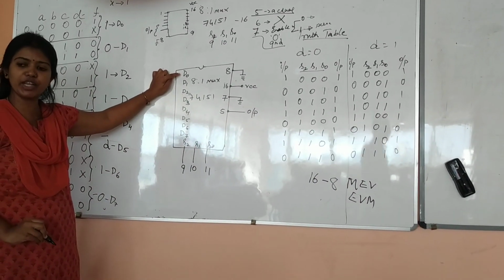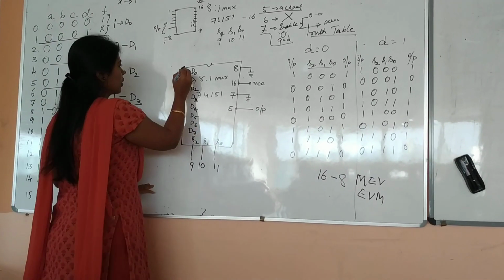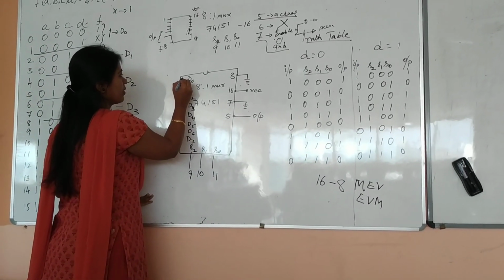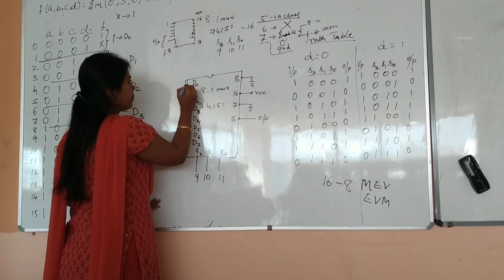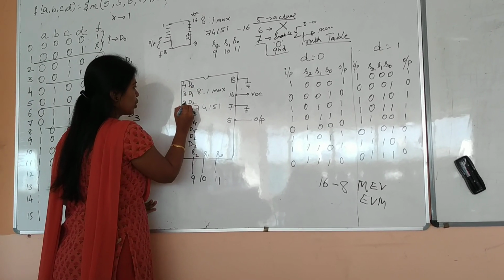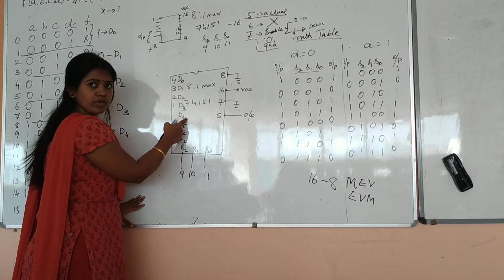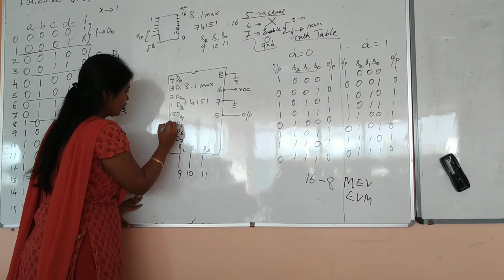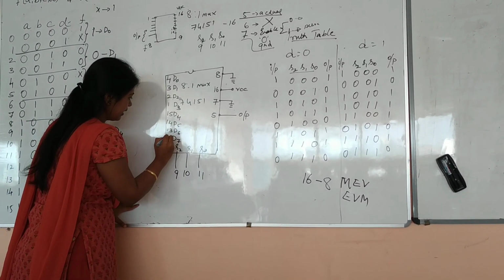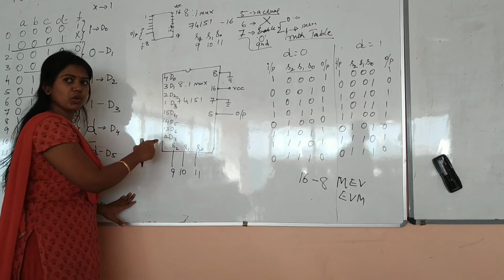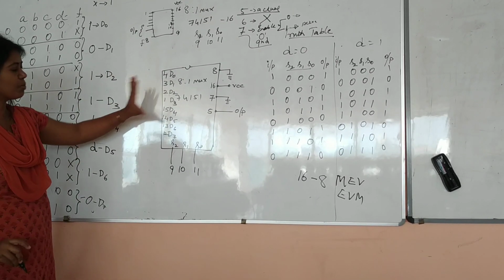What is the pin number for D0 input? Look at the pin out diagram and tell me. 4, 3, 2, 1. Pin number for D4? 15, 14, 13, 12. So D7 is pin number 12. Am I correct?